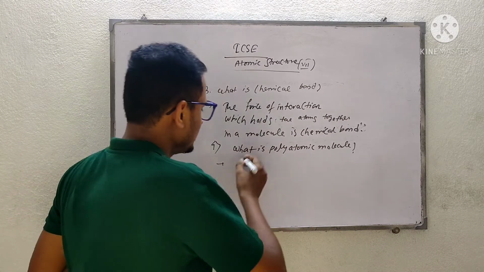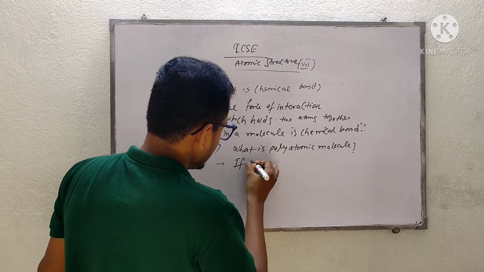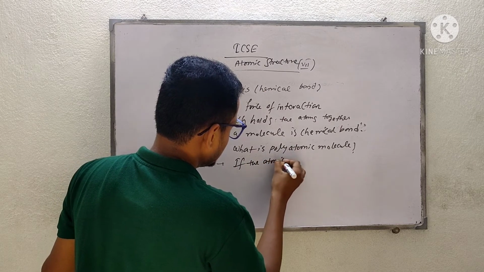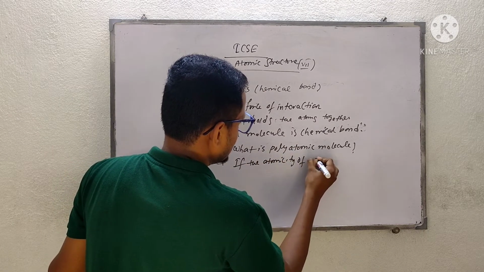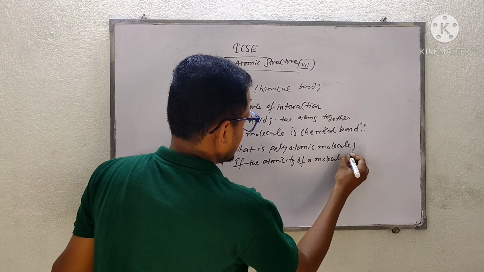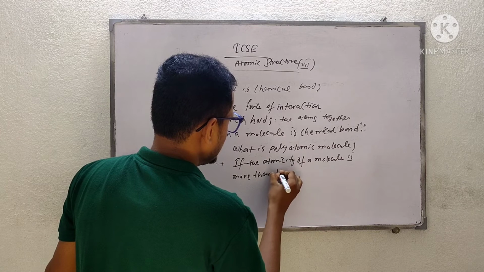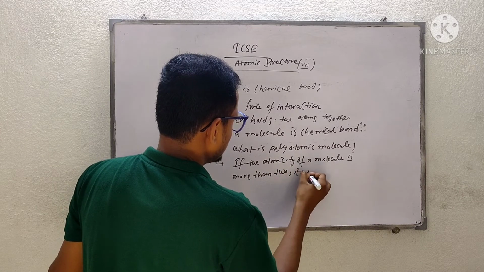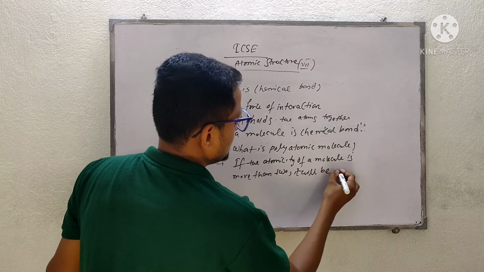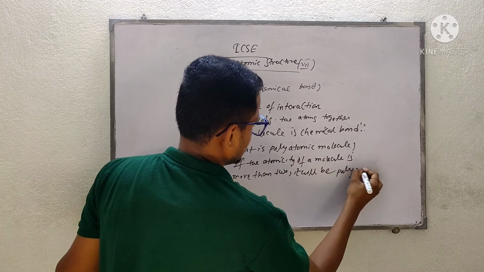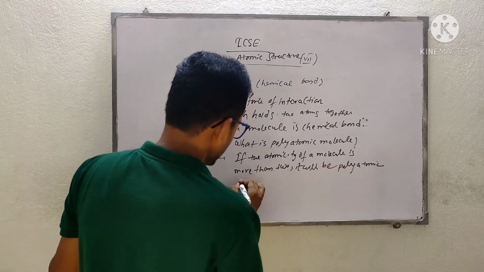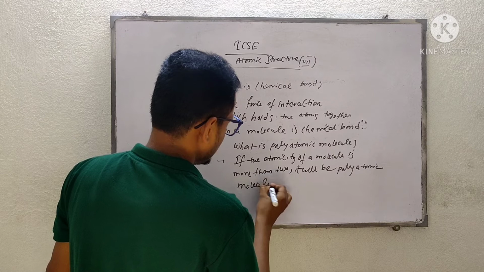So if the atomicity of a molecule is more than 2, it will be a polyatomic molecule.